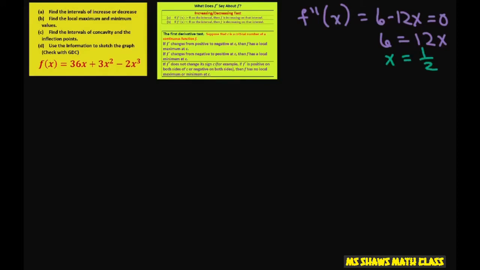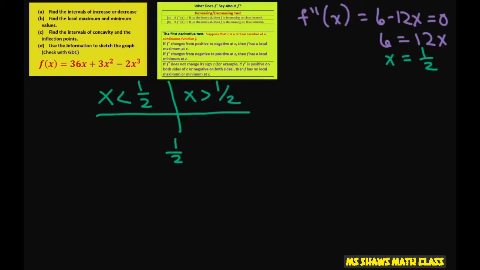All right, so what we want to do for our concavity is see if it concaves up or down. So I put my 1/2 here, and I want to see what's going on when x is less than 1/2 and what's happening when x is greater than 1/2. Now, let's plug in 0. If I plug in 0 in this, I'm going to get a positive number. If I plug in 1, I'm going to get negative.